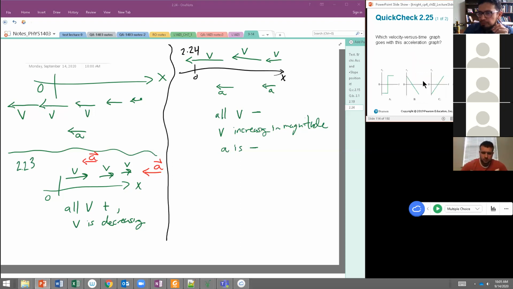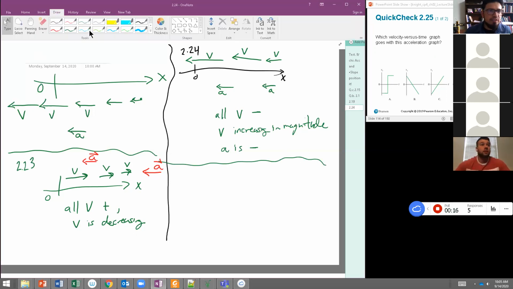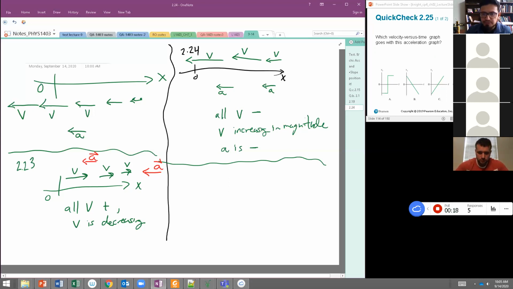All right, now we're asked to think a little bit more about the relationship between acceleration and velocity. They have given us the acceleration graph, and we want to know which is the corresponding velocity graph. So let's start that off.